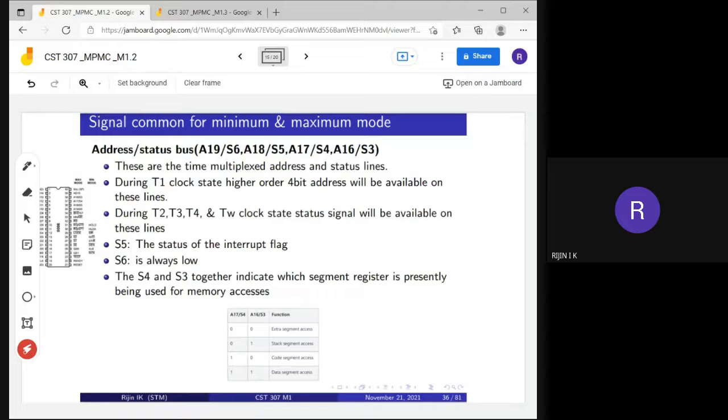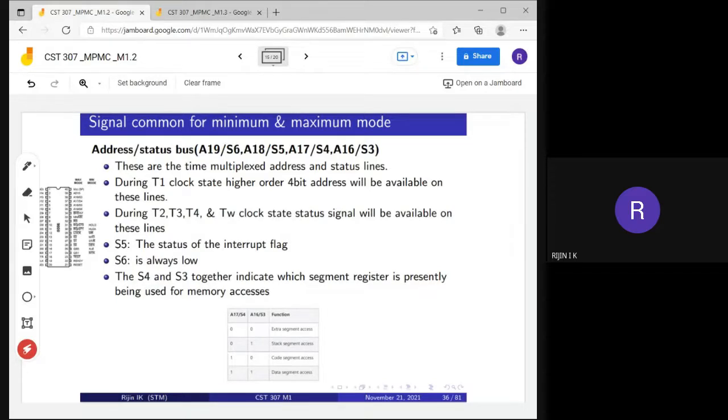Then later it carries the status signals. Later means the T2, T3, T4, and TW clock states. TW means wait state. During these, the status signals will be available on these lines.